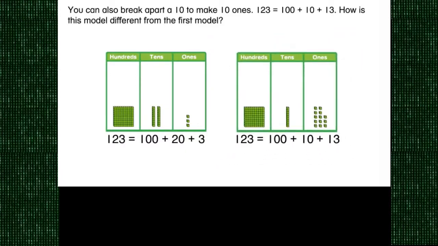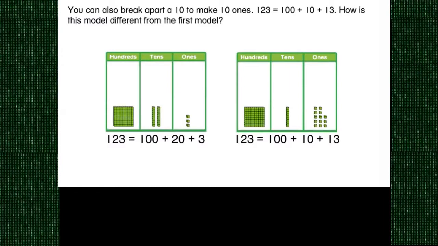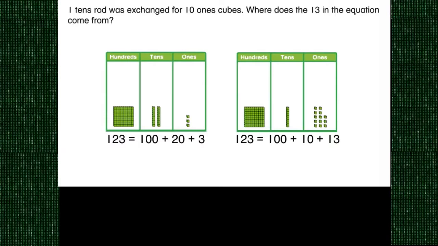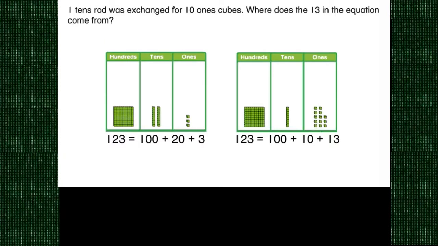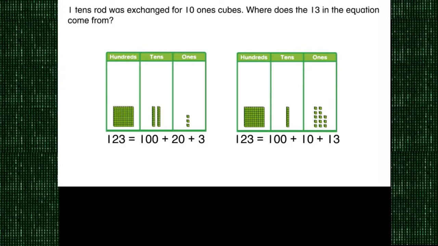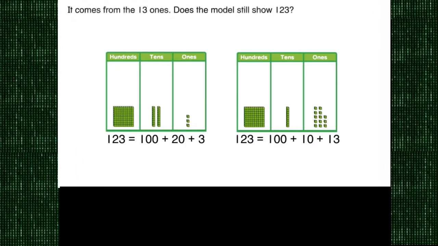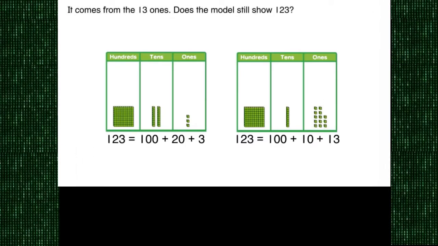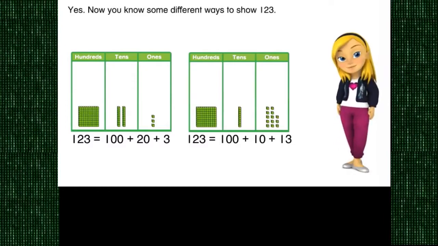How is this model different from the first model? One tens rod was exchanged for 10 ones cubes. Where does the 13 in the equation come from? It comes from the 13 ones. Does the model still show 123? Yes. Now you know some different ways to show 123.